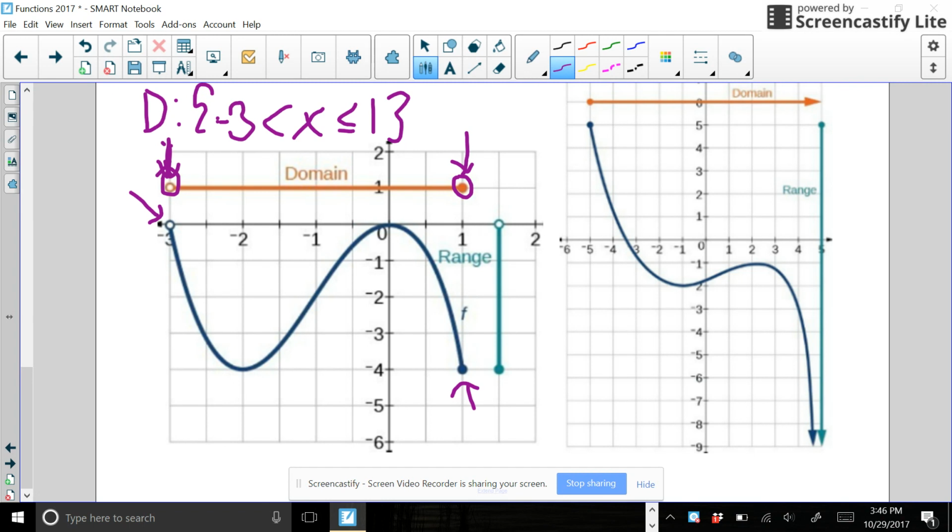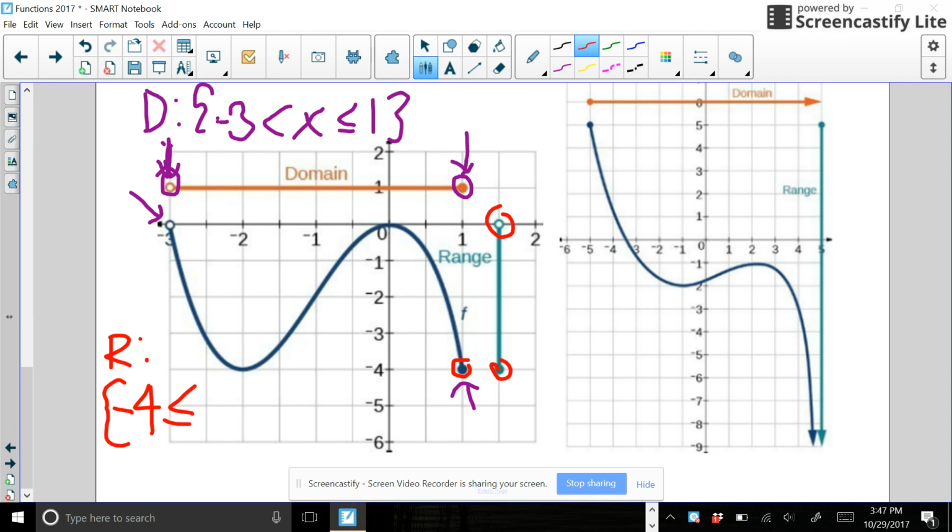Our range, we have a picture on the side here. The range is going to go from the bottom down here, a closed circle, all the way up to this spot up here. Now we have an open circle, so they're telling us it doesn't actually touch it. It must go right below it. That picture looks like it touches it, but we're going to take their word for it. So if we're going by their range, it starts down at -4, and these are y values we're talking about.